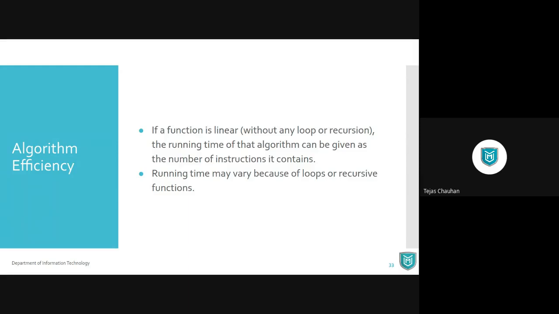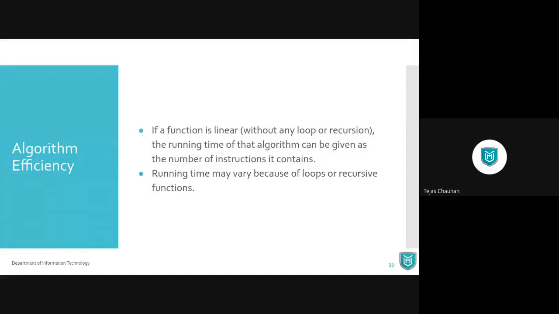And one more thing, there is no iteration, loop, or recursion. If your algorithm is a linear one, then the running time for that linear process will be finite, and the number of steps will be the time required.